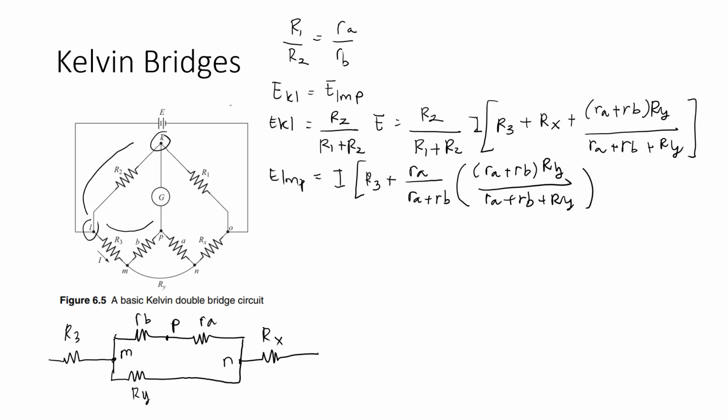Okay, so by equating the EQL and ELMP for this situation, for this mathematics, we can solve for Rx, and then for zero deflection the EQL is equal to the ELMP. So this is the zero deflection.